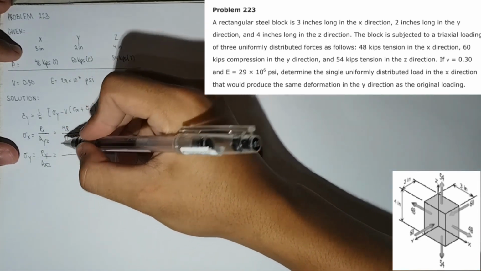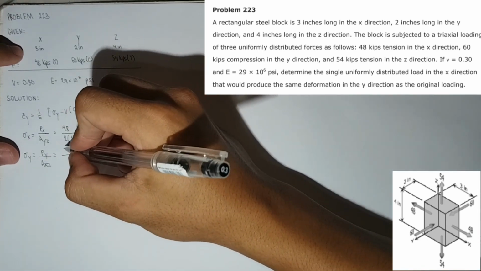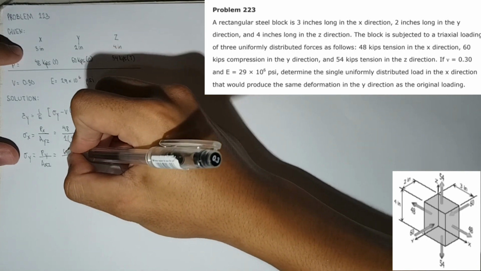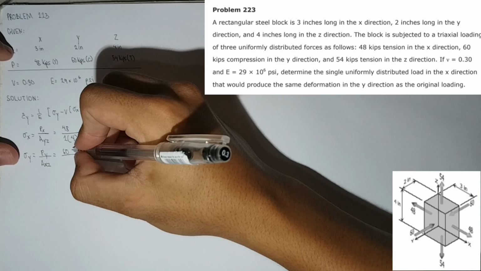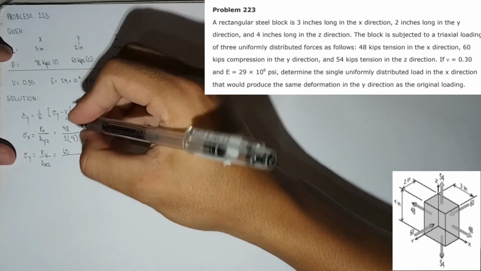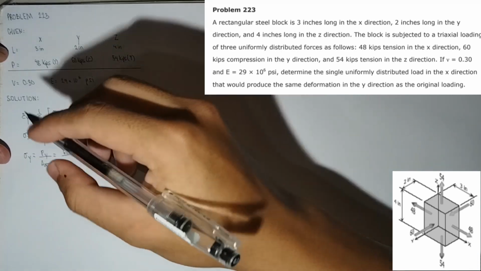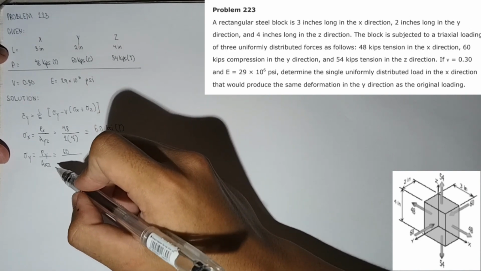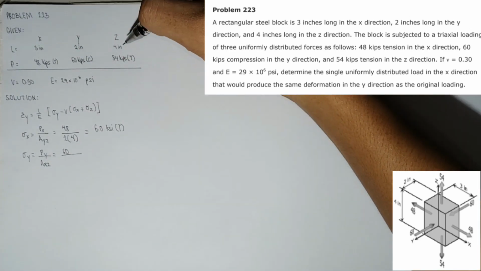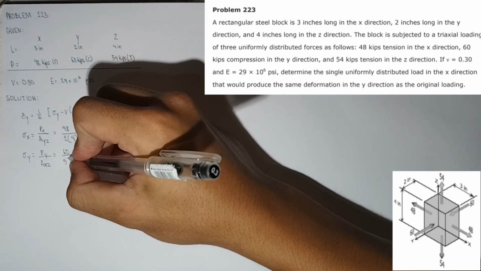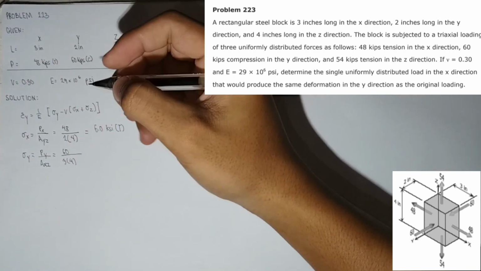So for our force P, we have 60 kips. Force in Y direction, 60 over area XZ. So we have X 3 times 4. Okay, 3 times 4.